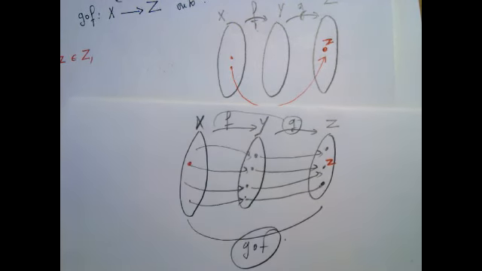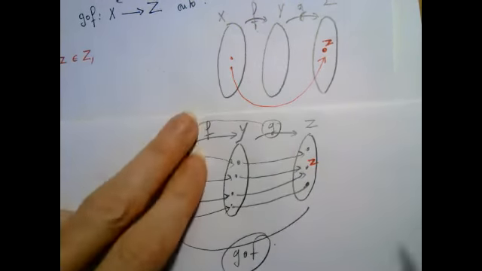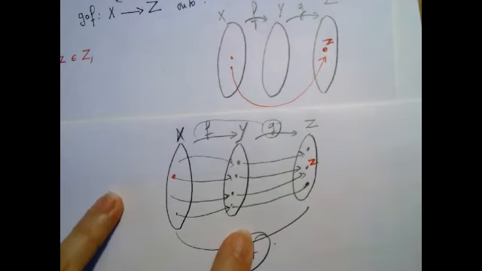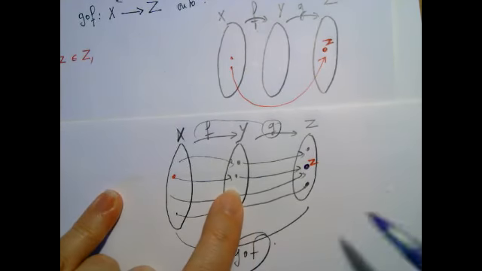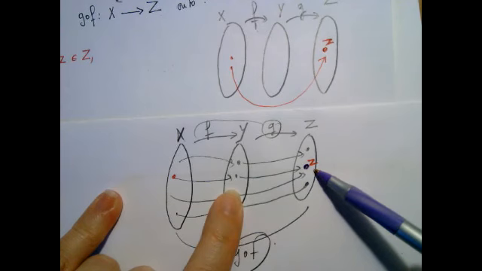Let me follow this picture, and then we make it more abstract. If I pick this particular dot in here, is there something that's going to be mapped into it?